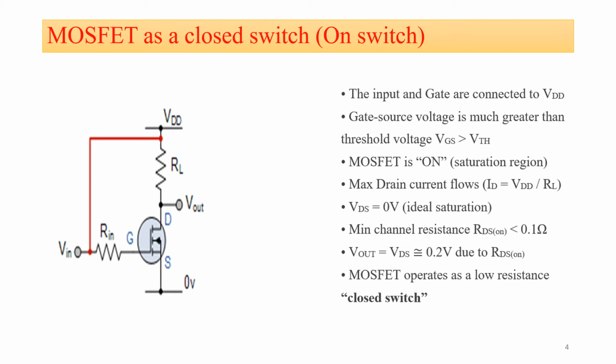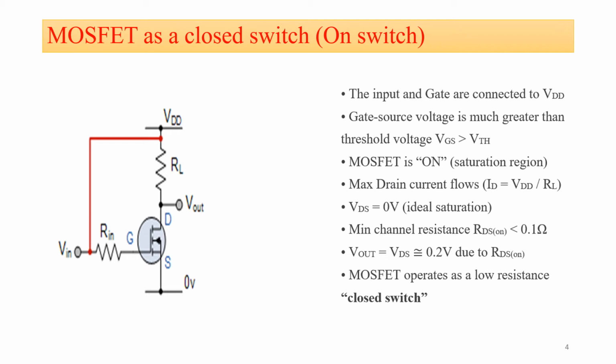Here the gate to source voltage, VGS, is much greater than the threshold voltage. As per the drain characteristics, when VGS is much greater than VTH, the MOSFET is in the saturation region, and the drain current starts flowing through the MOSFET, which indicates the MOSFET is in the on state.